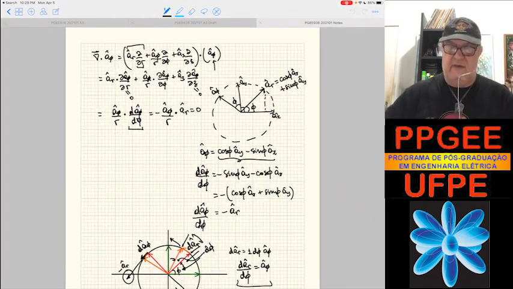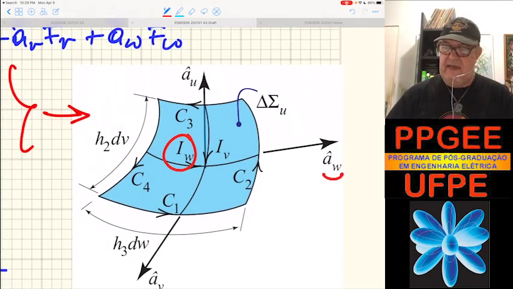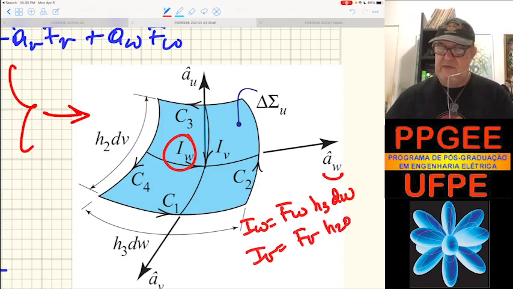Let me see. Somewhere. No, it's not there. IW is the third component of the field, FW, times H3 dW. That's IW. And IV is the second component, FV H2 dV.